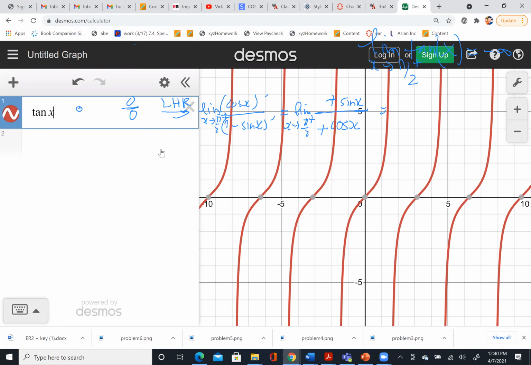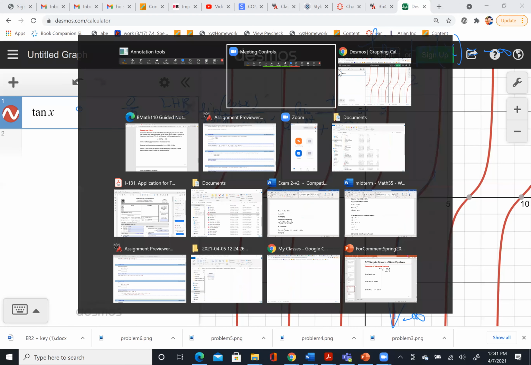You can see that for pi over 2, which is around here, the graph goes downward as x approaches pi over 2 from the right and becomes negative infinity. So easily you can see that it becomes negative infinity.